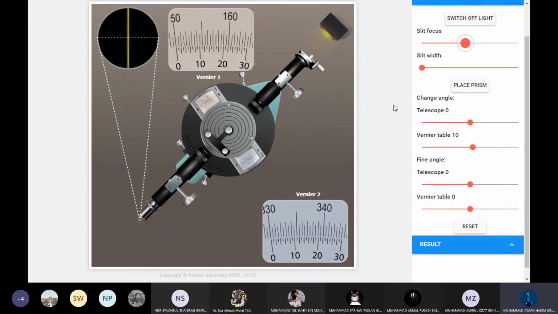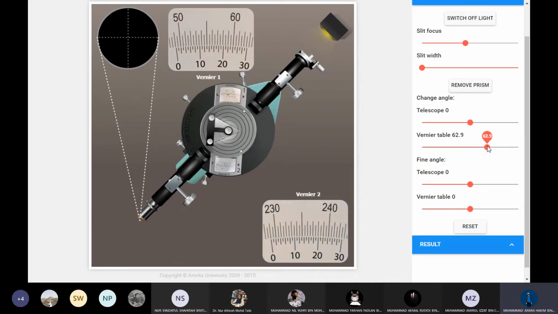And then we place the prism to get the refracted ray. As the procedure says, we need to refer to the given figure. So we move the vernier table like this.